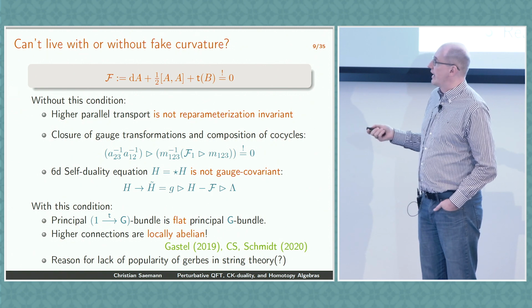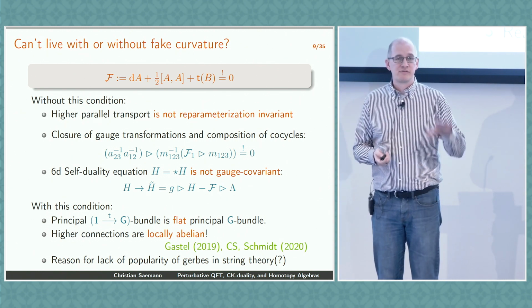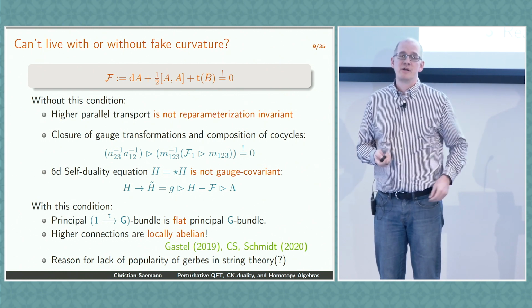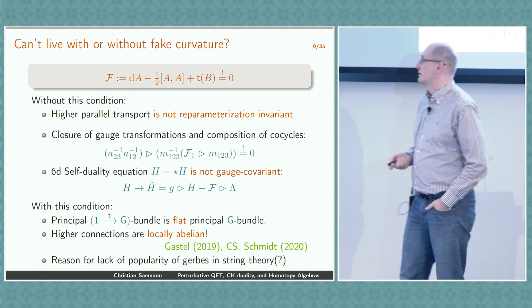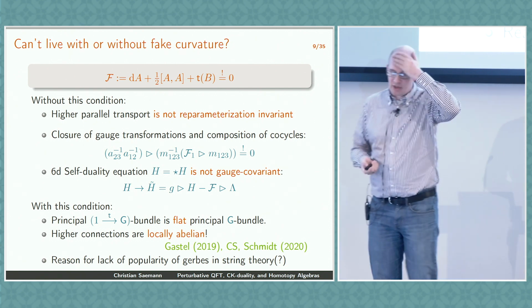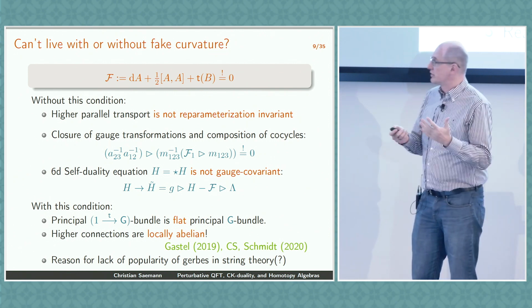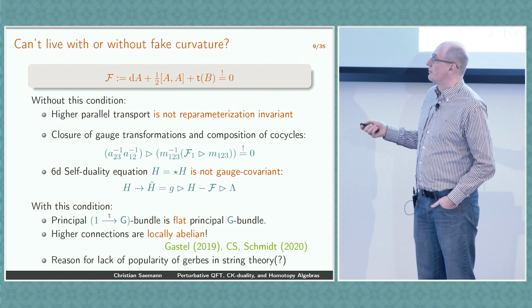The first one is not that important, but these higher connections can always locally be gauge transformed away, so that you're only left with an abelian gerbe locally, and that's not so nice, right? Of course, we went through all this work of constructing non-abelian gerbes, non-abelian principal 2-bundles, or generalized principal 2-bundles, to go away from abelian gerbes, right?